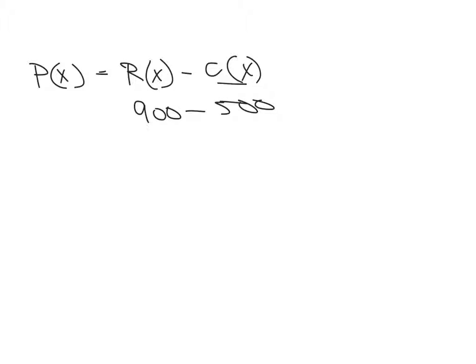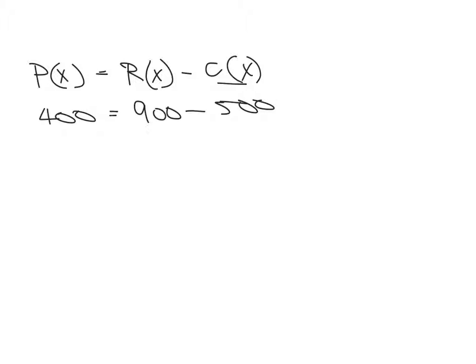The profit is equal to the amount of money you make minus how much it costs you to produce the item. So if you make color TVs and you sell it for $900, but the cost is $500, your profit is going to be $400.